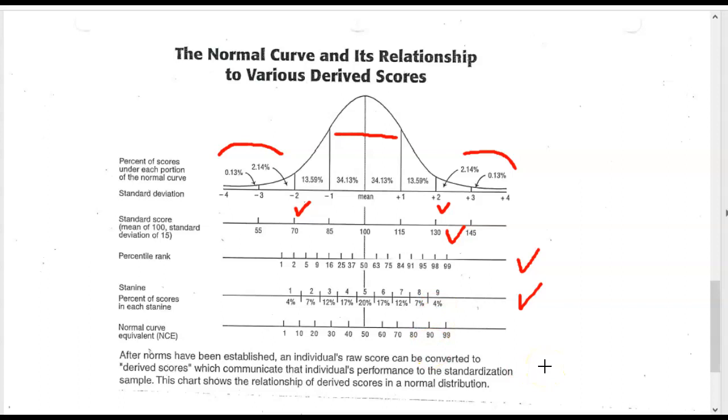We usually save that more for adult testing. Normal curve equivalency, kind of the same thing, but broken down by tens. Again, just different ways to represent the same data. All of this is really very similar. It's just different ways of representing pretty much the same thing.